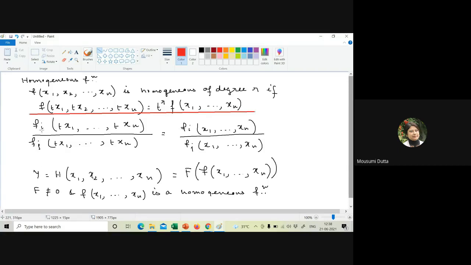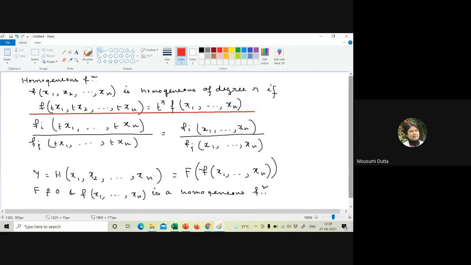Or, if fi of (tx1 up to txn), that is del f by del x1, say, fi of (tx1 up to txn) divided by fj as a function of (tx1 up to txn) is equal to fi of (x1, x2 to xn) divided by fj of (x1, x2 to xn).